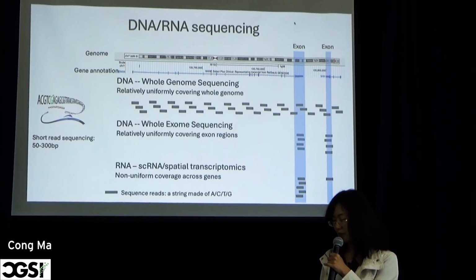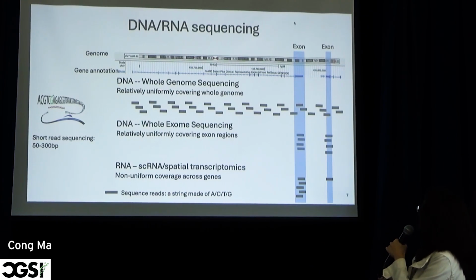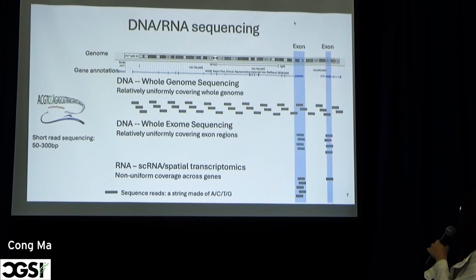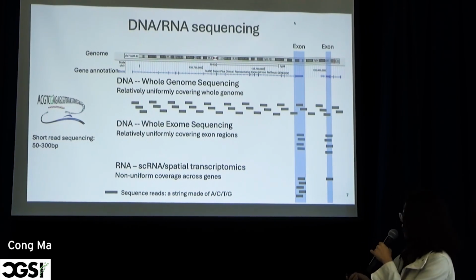And there are a couple of differences between sequencing technologies. For example, whole genome sequencing will have relatively uniform coverage across all places in our genome. Whole exome sequencing only covers the exome region, but it will still have relatively uniform coverage.